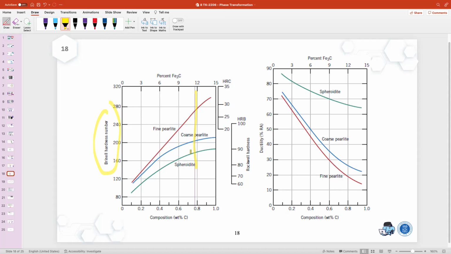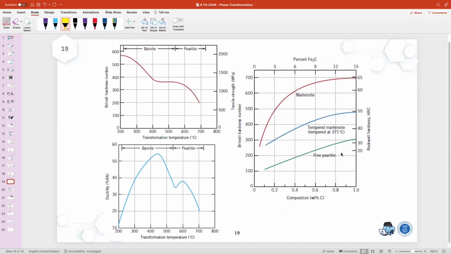However, if you look at the ductility, the spheroidite has a very high ductility in the percentage of reduction of area, and the coarse pearlite is slightly higher compared to the fine pearlite.